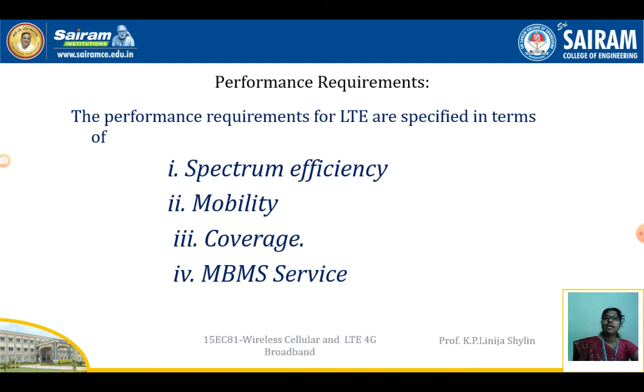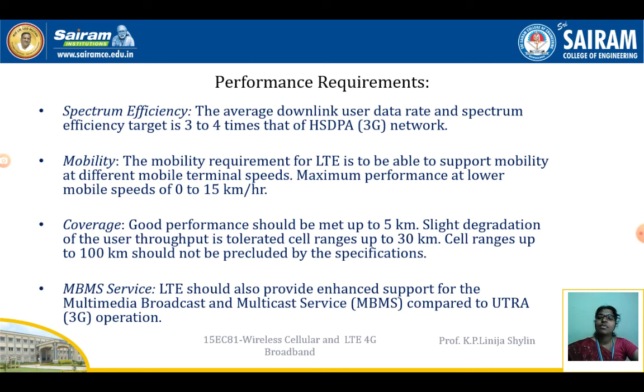Followed by data rate and latency, we'll discuss the performance requirements. The performance requirements for LTE are specified in terms of four things. First is spectrum efficiency, second is mobility, then coverage, then MBMS service. First we will discuss spectrum efficiency.